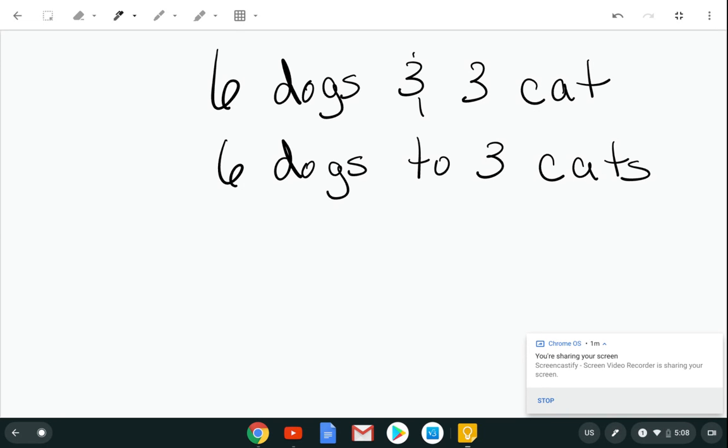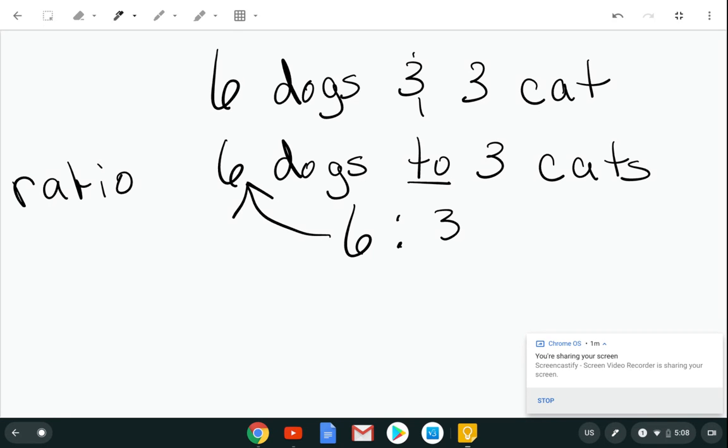That is one way that you can write a ratio, using the word to. Another way you can write a ratio is using a colon. So you can put 6 colon 3, and that's the same thing as saying 6 dogs to 3 cats.